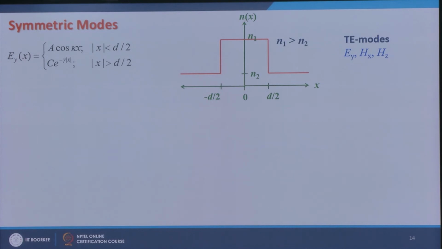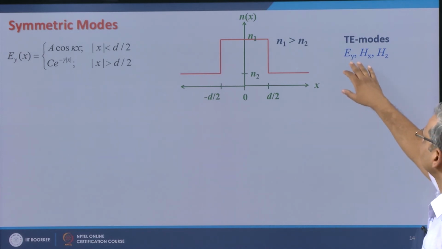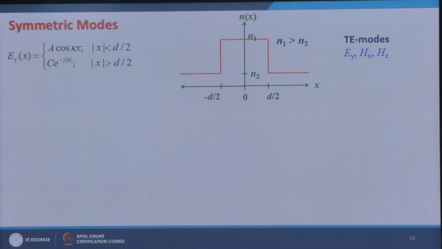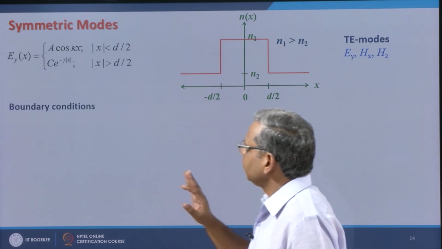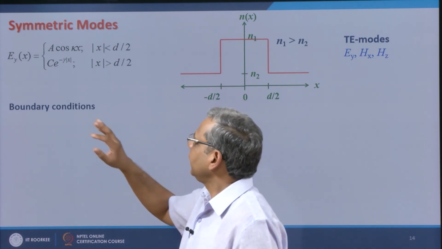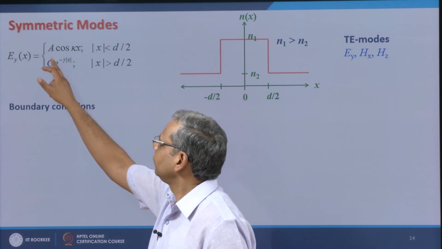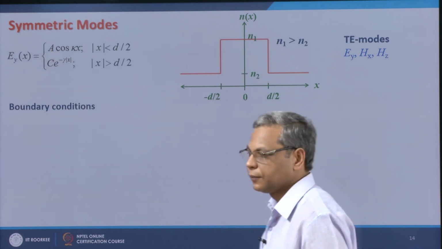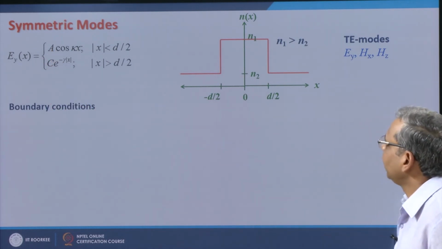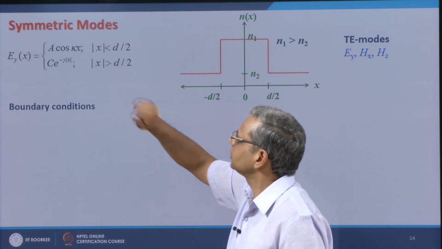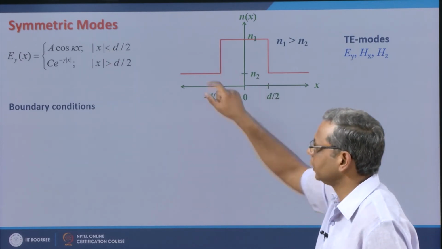and remember that I am doing the analysis of TE modes. TE modes have non-vanishing components of E and H as Ey, Hx and Hz. What is left now? I need to find out the relationship between A and C. I need to find out how these solutions are connected at the boundaries.